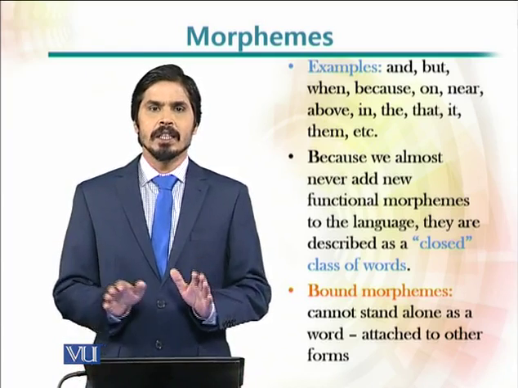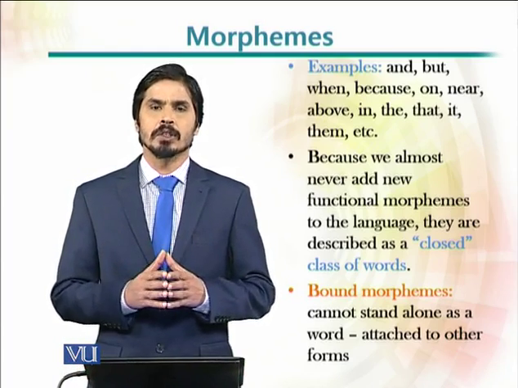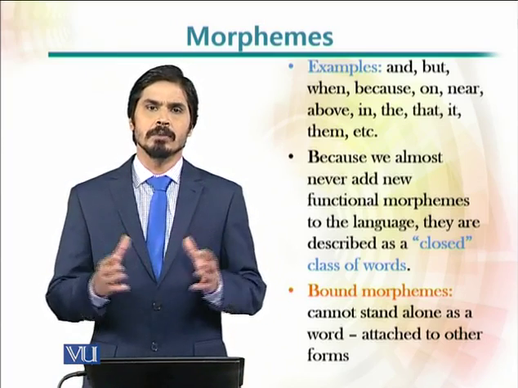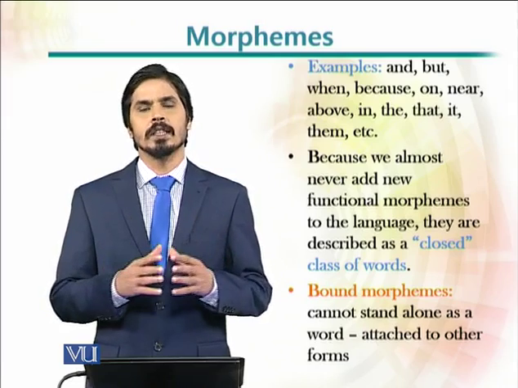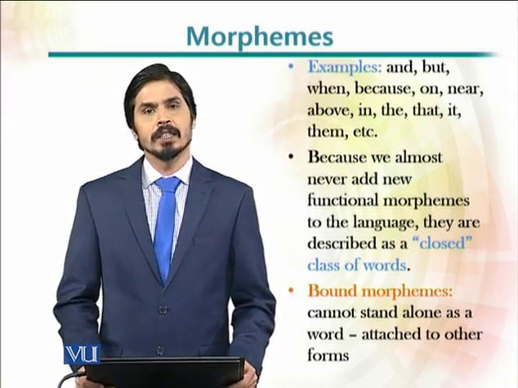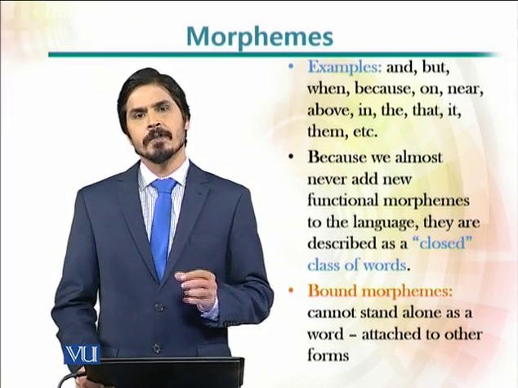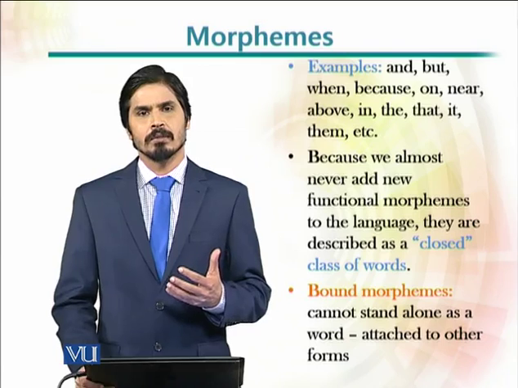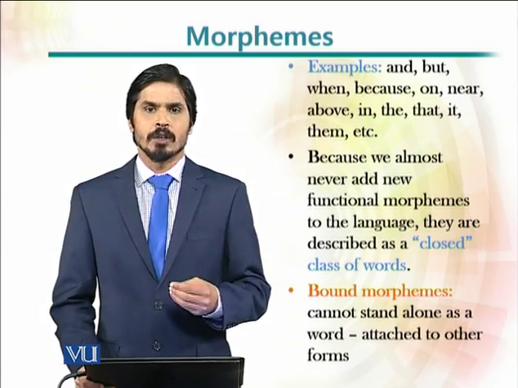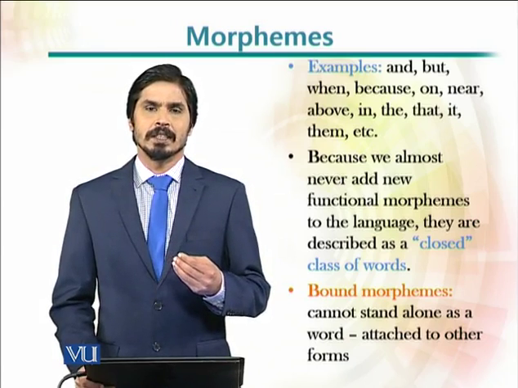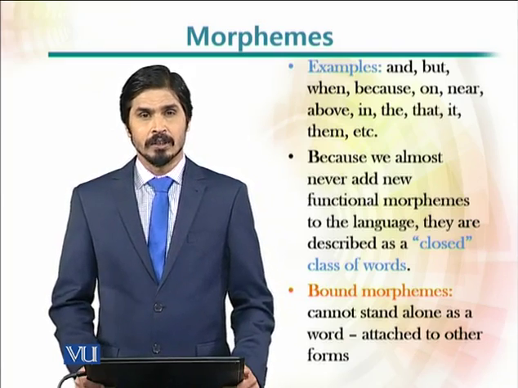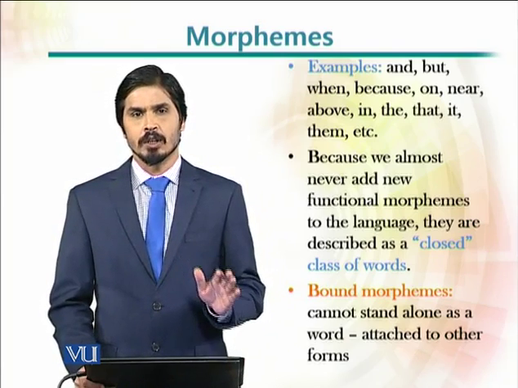In a language, their complete or comprehensive meanings only emerge when they are used in sentences. Because there are very few in all languages, and we hardly add any new functional morphemes in language. They are considered to be a closed class of words because they are not added up frequently.